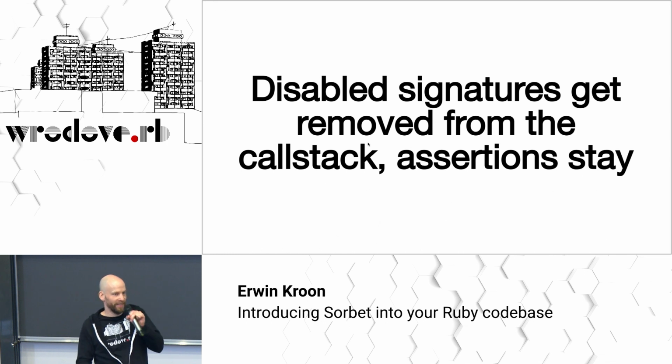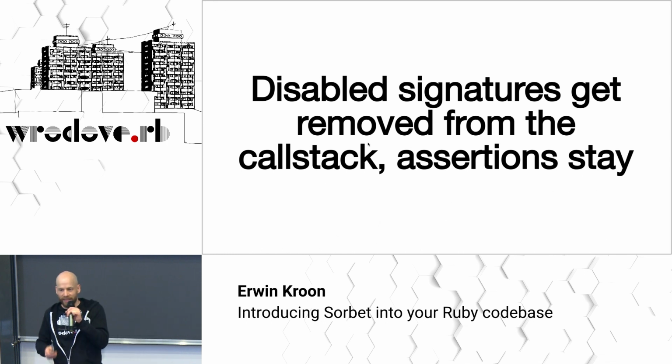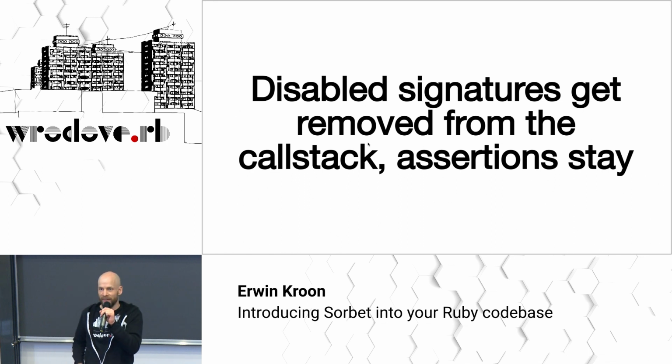So what I was saying, with signatures, you can write as much as you want, and it will not cause any overhead because you can turn them off. Assertions, you cannot write as much as you want because they will make it slower as long as they're in your code.